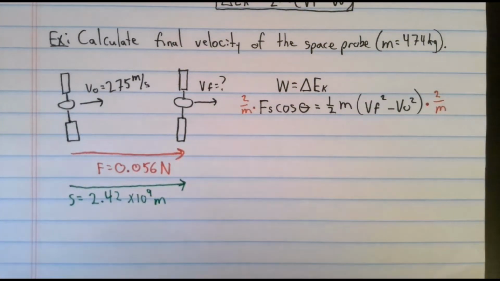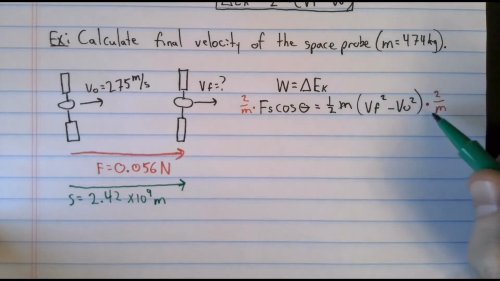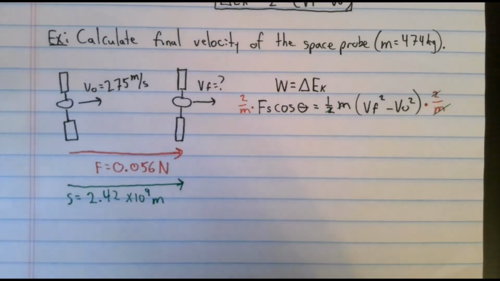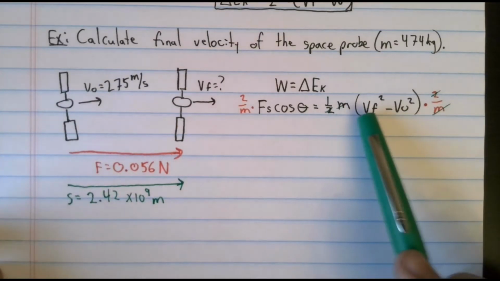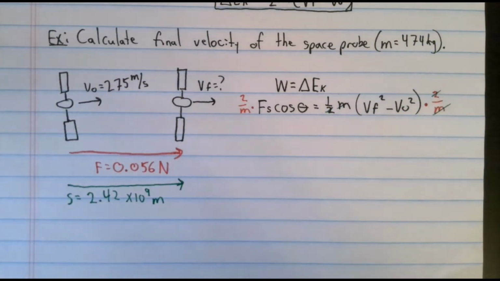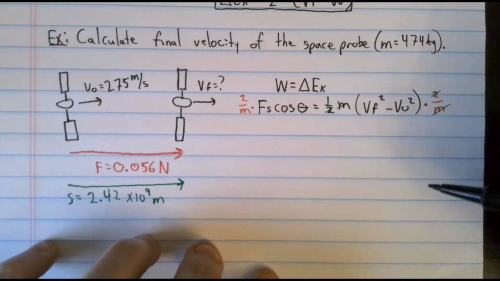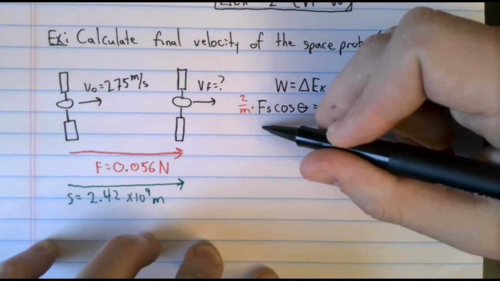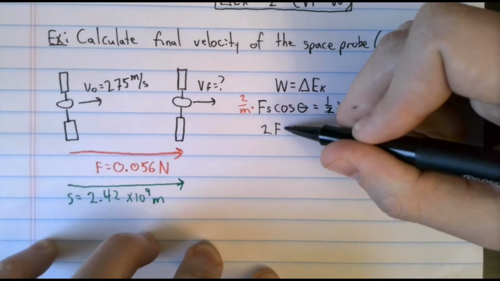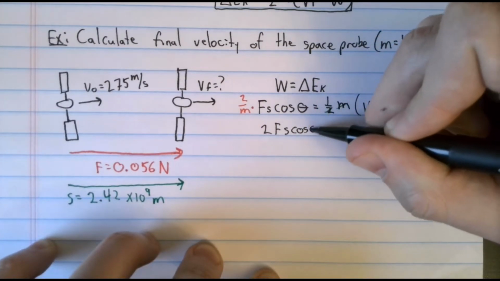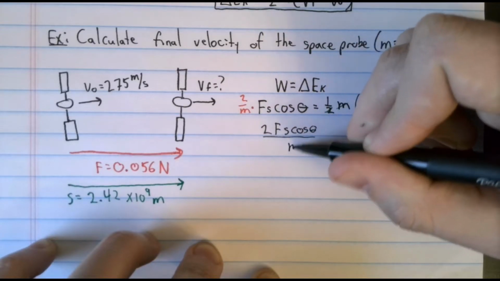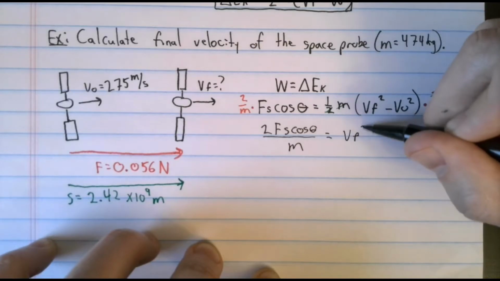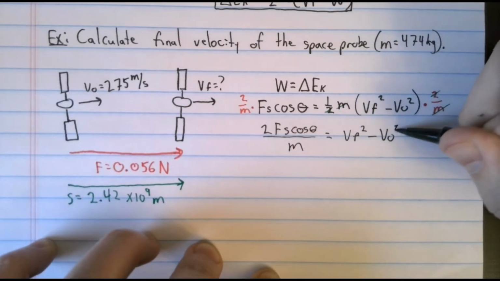And over on the right, these two m's will cancel, the two 2's will cancel, and we're only left with vf squared minus vo squared. So we're already pretty close. I'm going to use 2 lines to write this. 2Fs cosine theta over m equals vf squared minus vo squared.